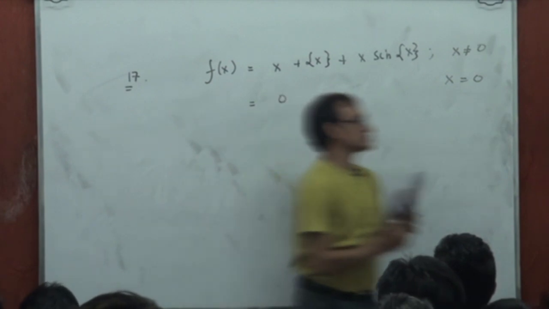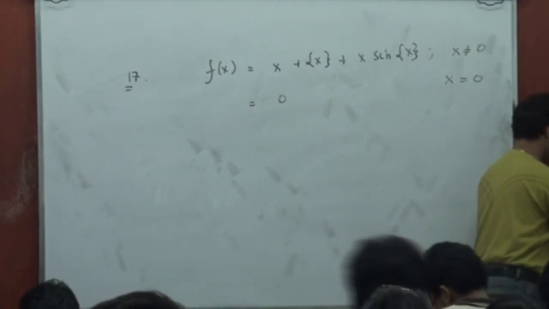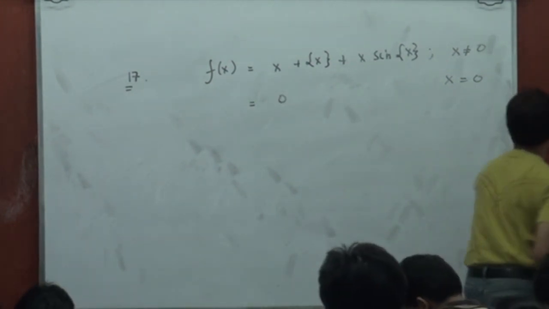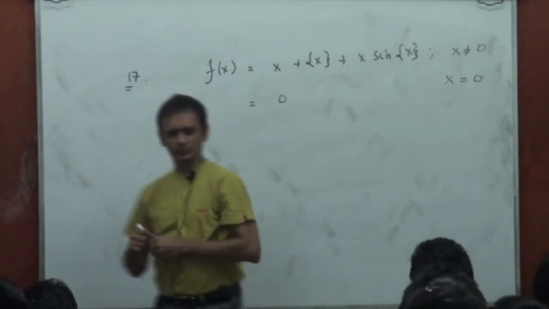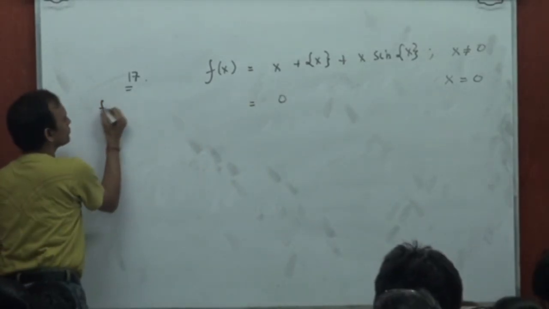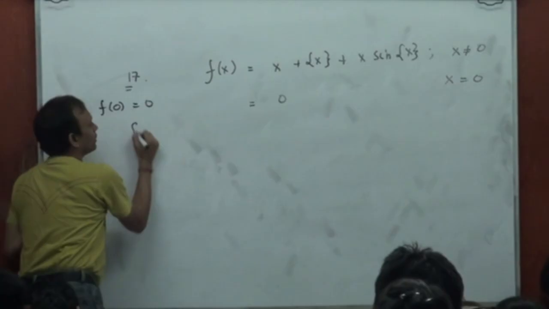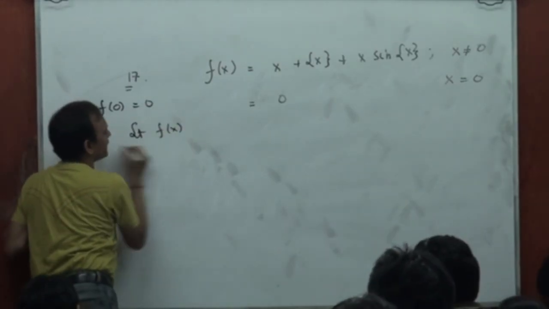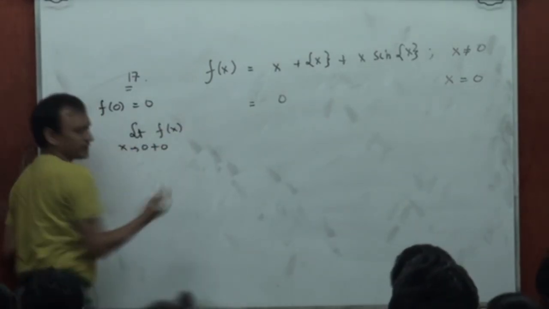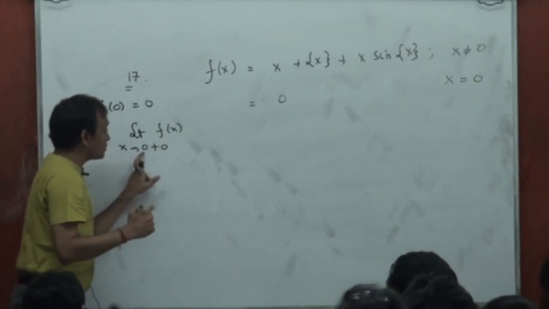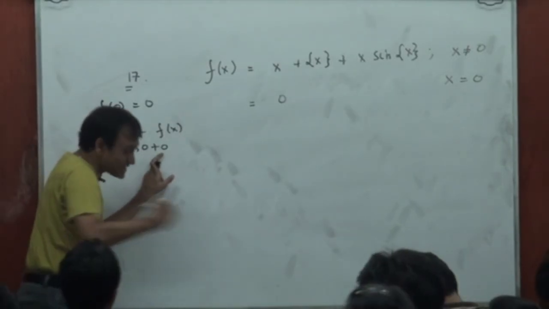We want to check this function for continuity at x equal to 0. f0 is 0, right? Limit fx, x tends to 0 from the greater than 0 side. When x is tending to 0 from the greater than 0 side, that means it's not 0.